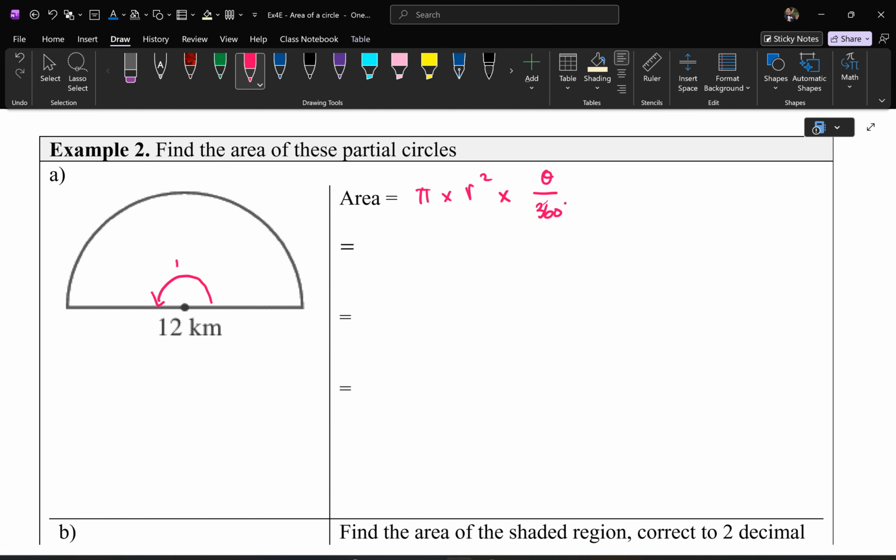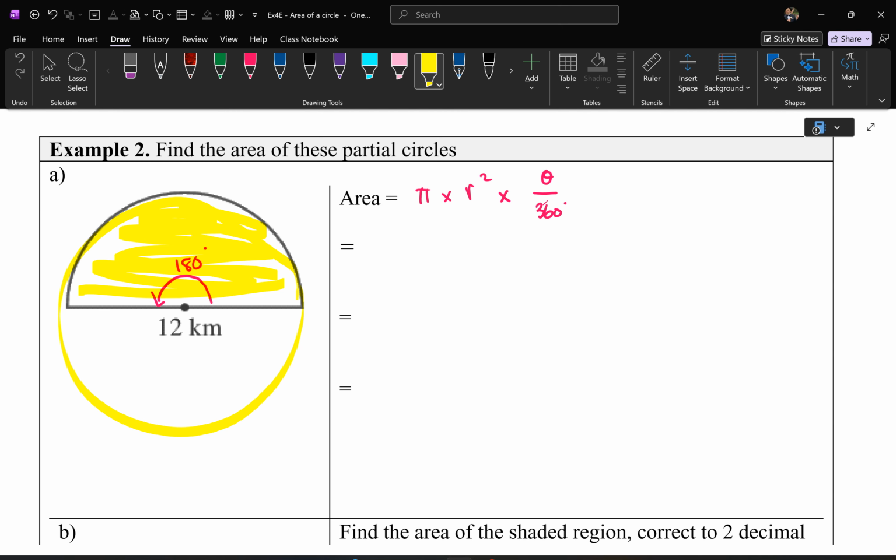Very good. So we know we only want to color in 180 degrees of the 360 degrees. Okay, because remember there's a full circle, so usually it's 360, but we're only covering half of it. So it's only 180. So your calculator, you should have 180 over 360.